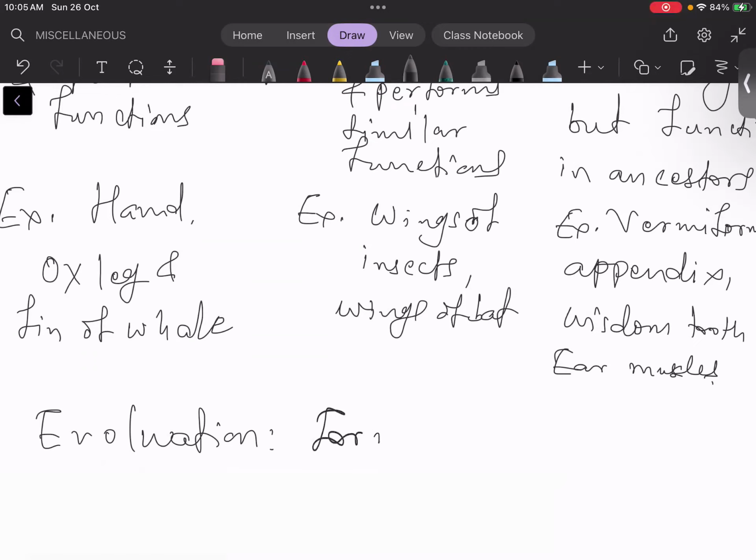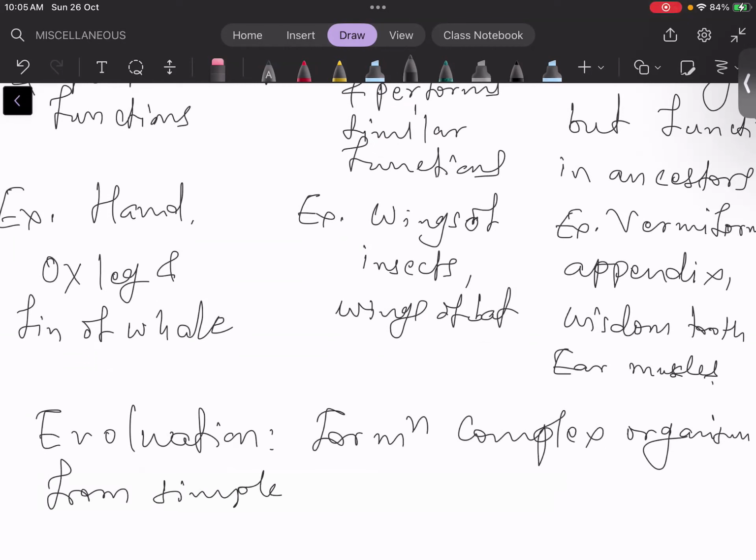Formation of complex organisms from simple ancestral organisms.